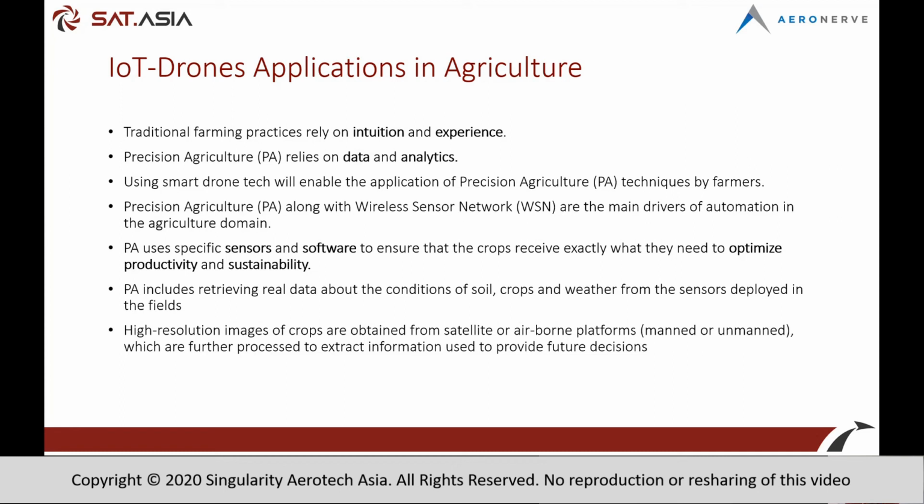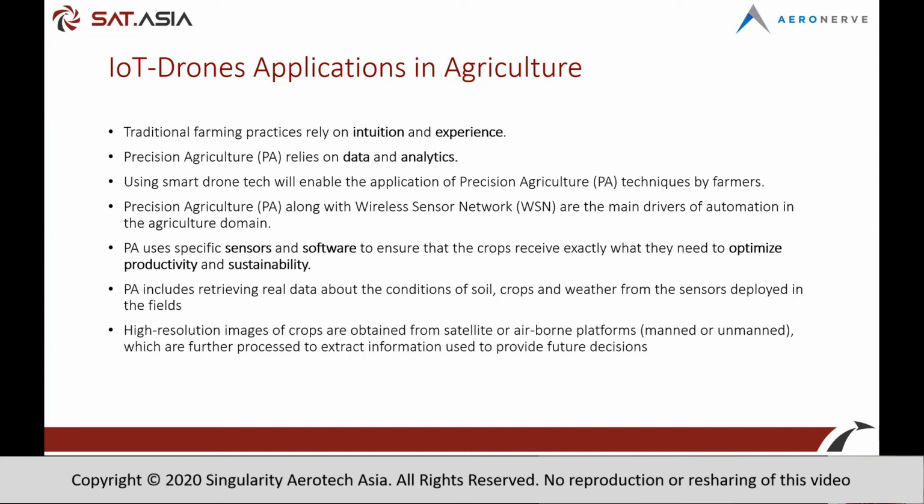Previously, we normally associated automation with manufacturing, but now with the combination of these two technologies, it is possible to automate some of the heavy duty tasks, giving more to robots and tractors and all that. Precision agriculture uses specific sensors and software to ensure that the crop receives exactly what it needs to optimize productivity and sustainability.